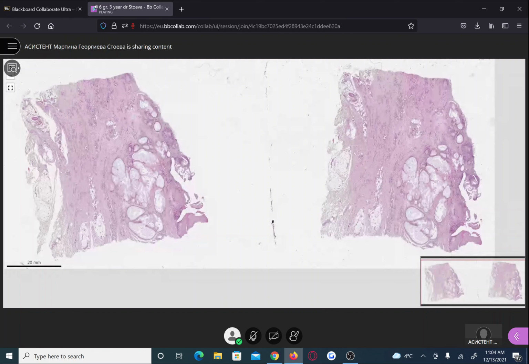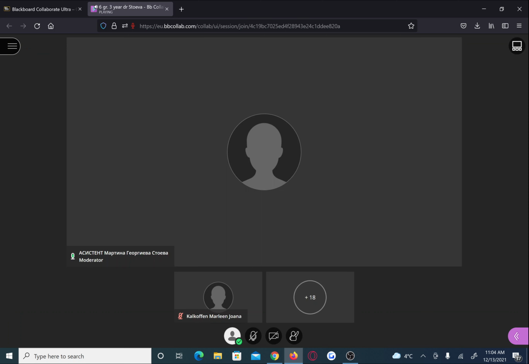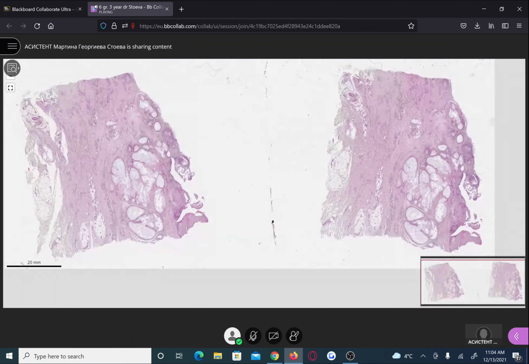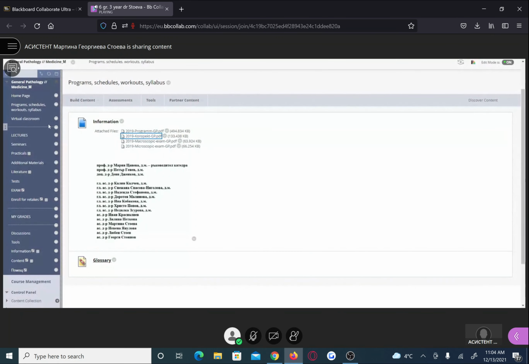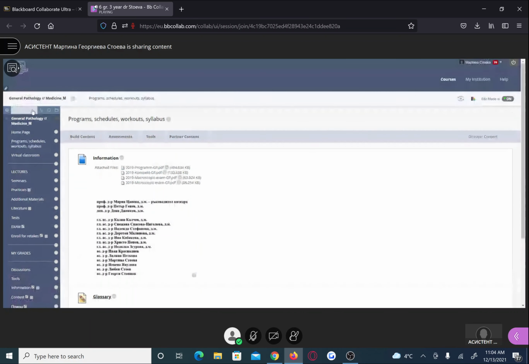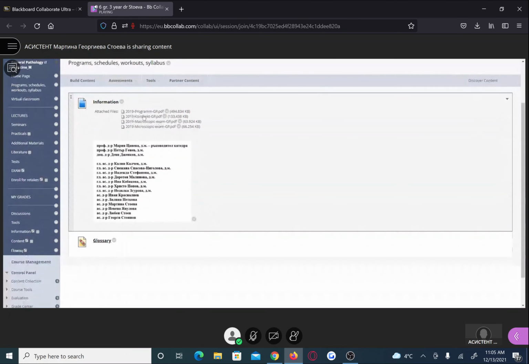For students who are at home, I'll share another screen with you because here I was asked to show where you can find the syllabus in case you don't know it. I'll start from the very beginning. So the syllabus, you can find it in the folder Program Schedules Workout Syllabus. And then in this area, Conspect GP.